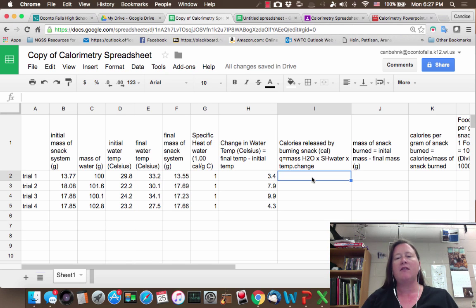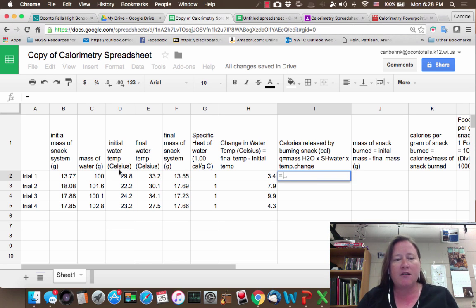This is another example of where we can use a calculation and save ourselves some time. We want to take the mass of the water times the specific heat of the water times the change in water temperature. Again, if I want to start a function, I type an equal sign.